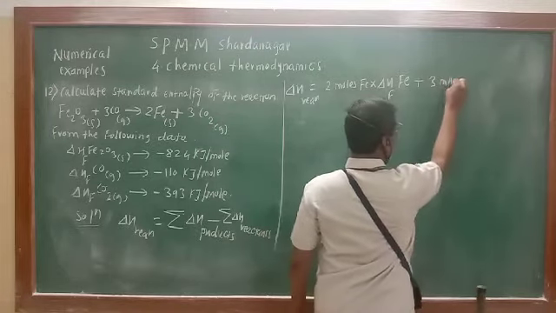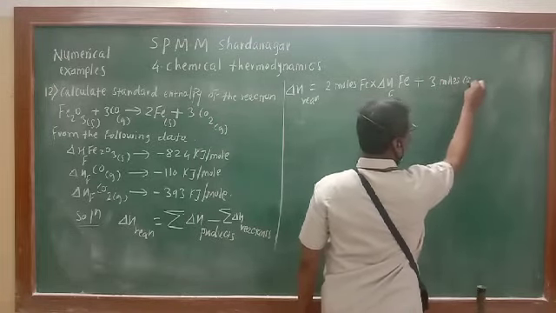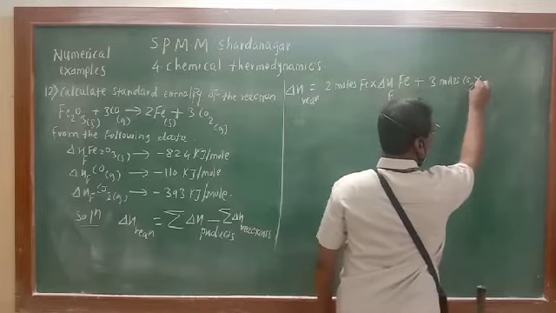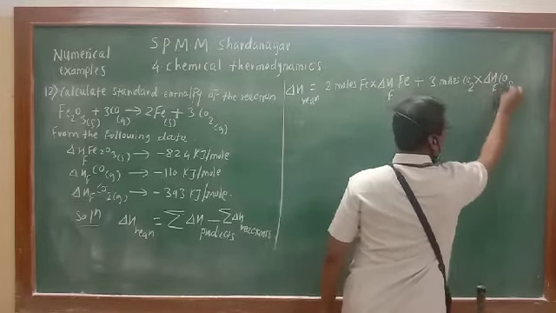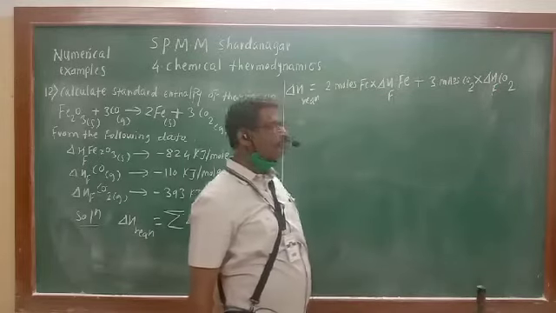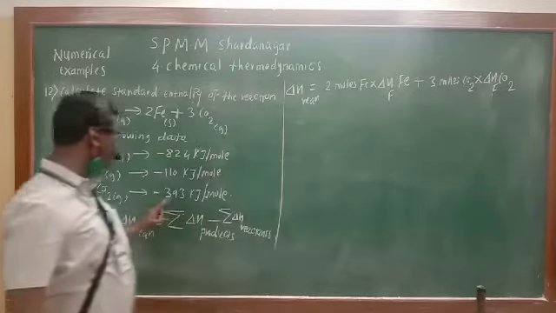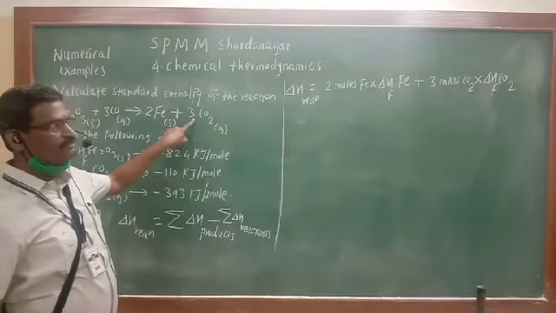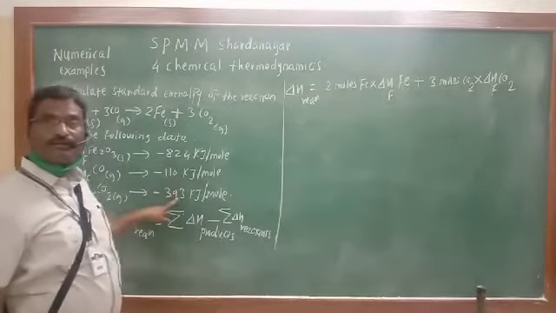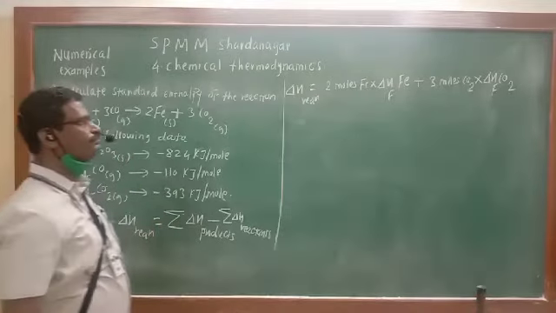So 3 moles of CO2 multiplied by enthalpy of formation of 1 mole of CO2. They have given the value for 1 mole of CO2, but 3 moles are obtained, so this value we have to multiply by 3.